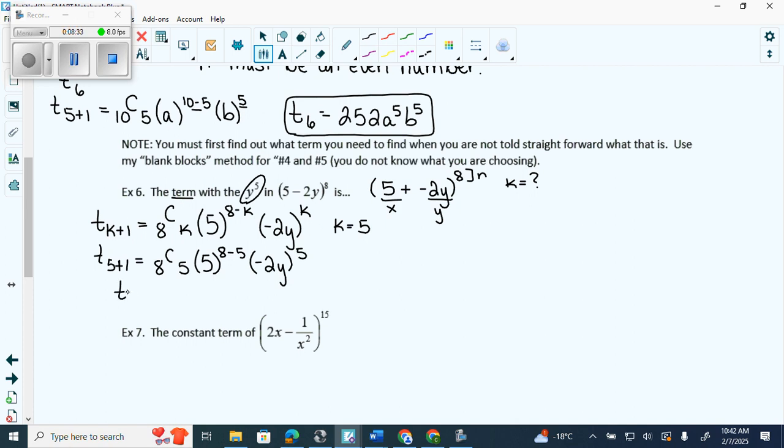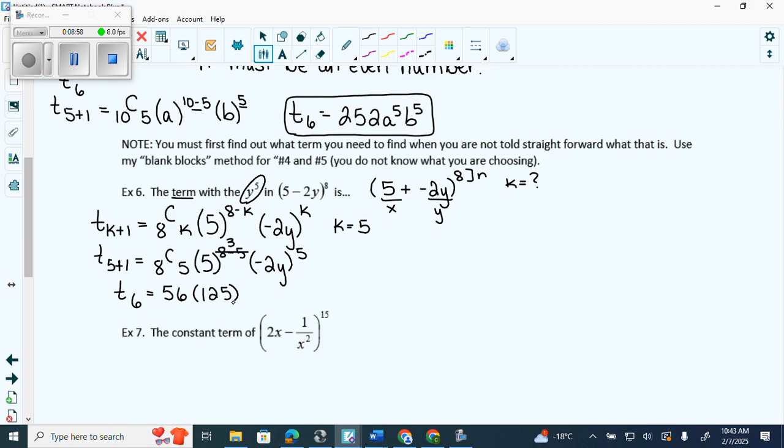So I get term 6 equals, what's 8 choose 5? Skip 6. And then 8 minus 5 is 3, so I get 5 cubed, which is 125. And then the common error happens. Everyone tells me it's negative 2y to the 5.